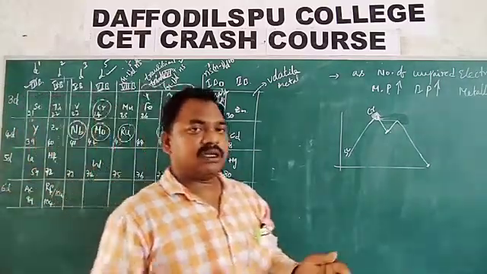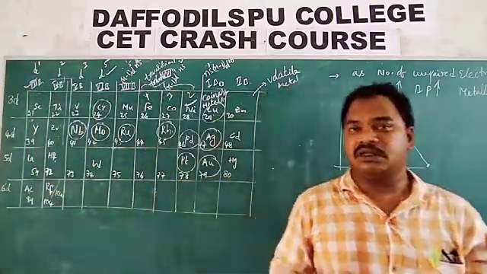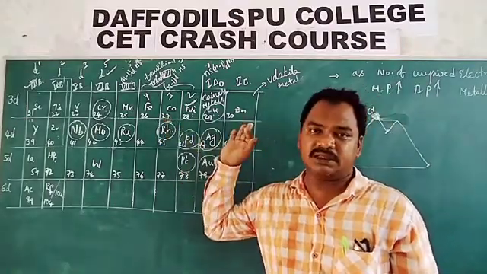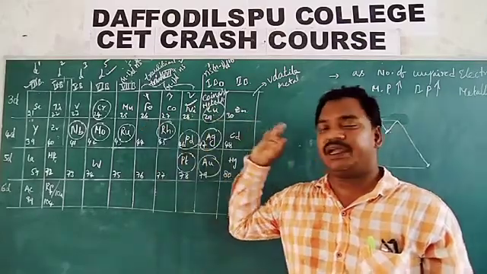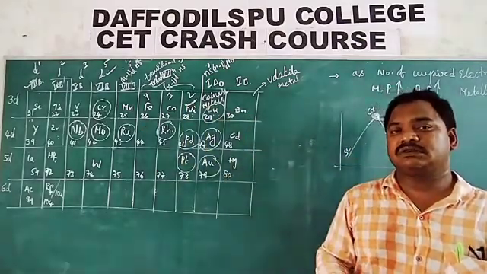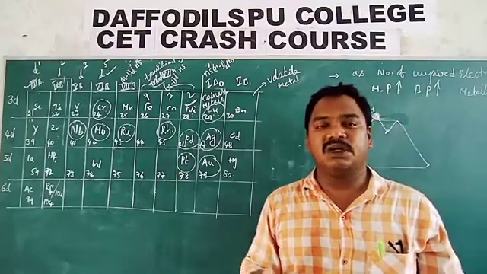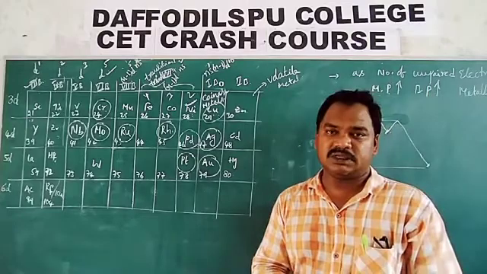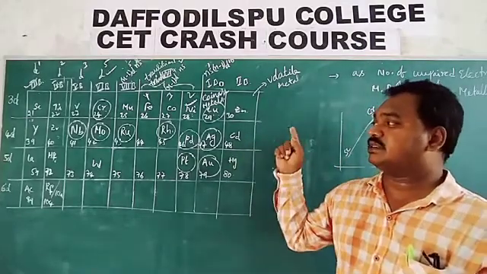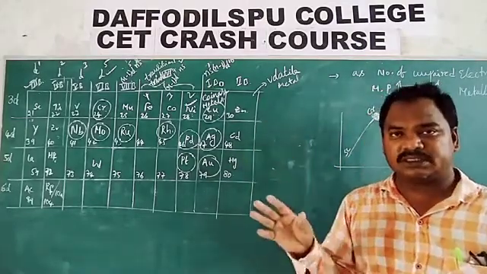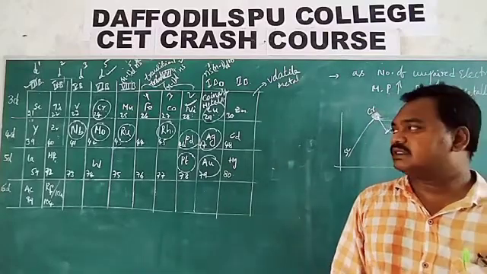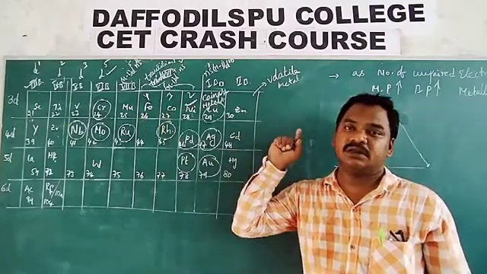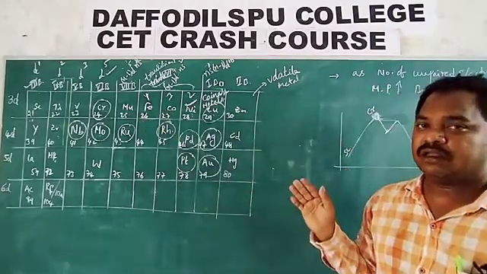But the decrease in atomic size in d block elements from left to right is not as much as what we observe in the case of s block elements. That decrease in atomic size in d block elements is very less.